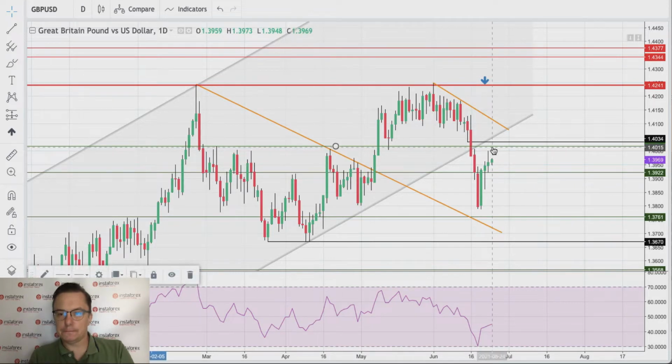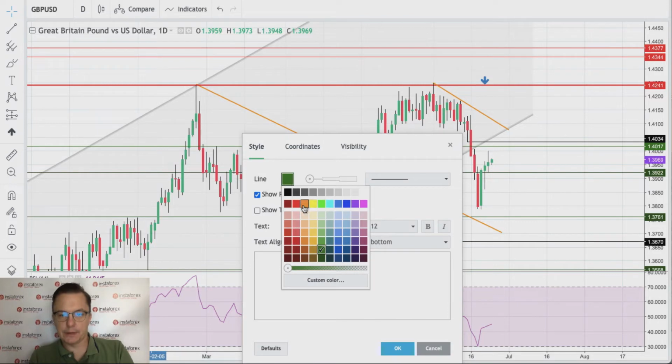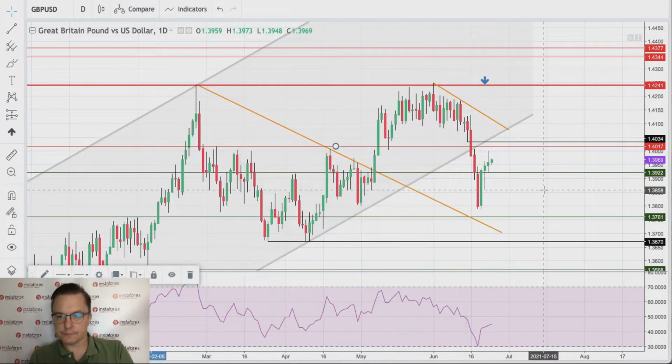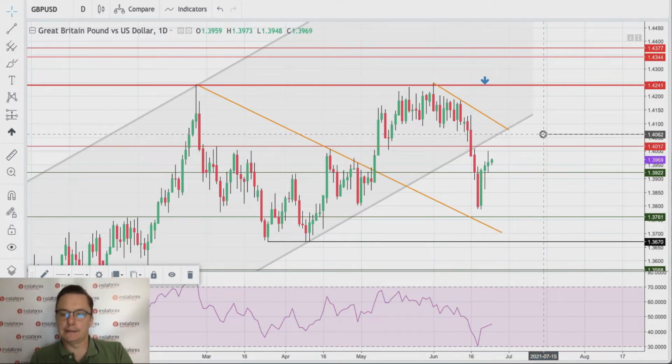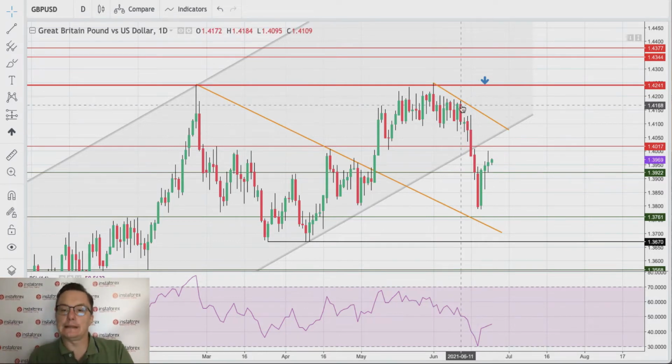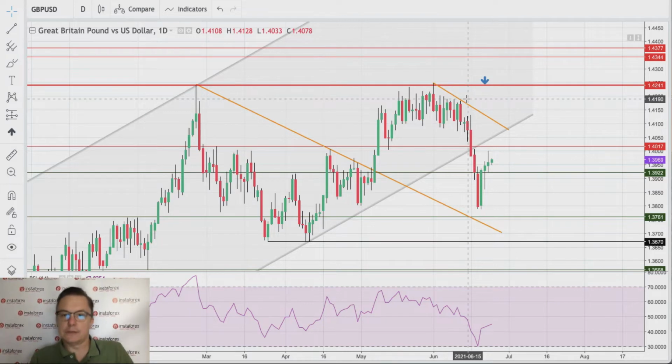Right now, this level here will be, of course, technical resistance: 1.4017 and 1.4034 is the technical resistance as well. So right now we will just leave it here.